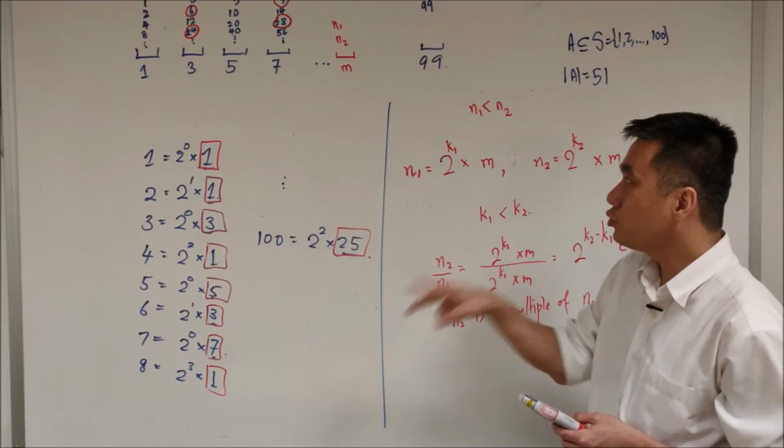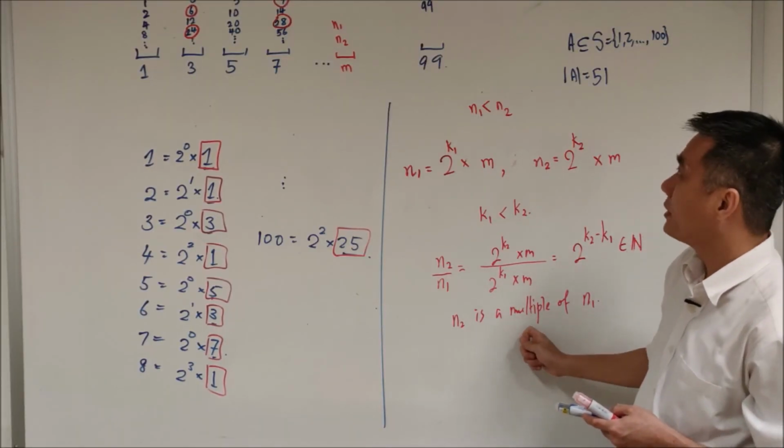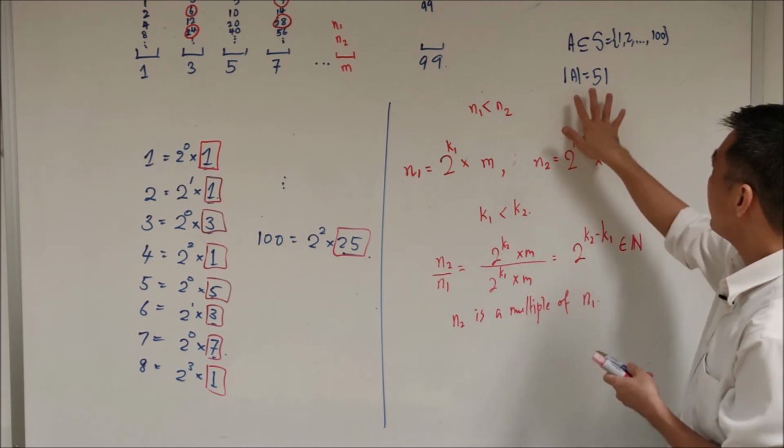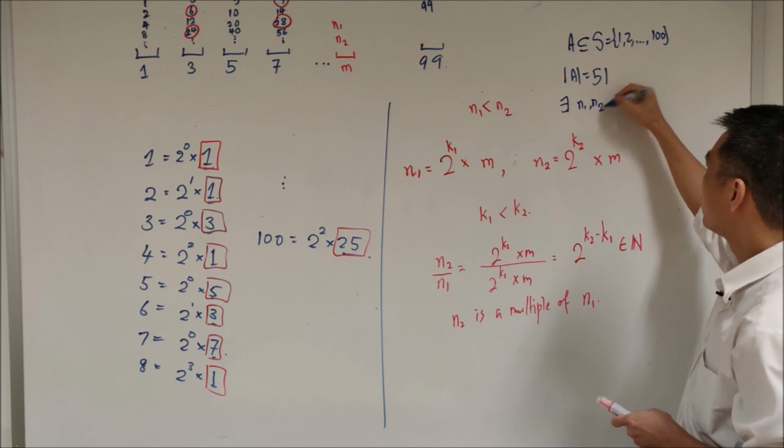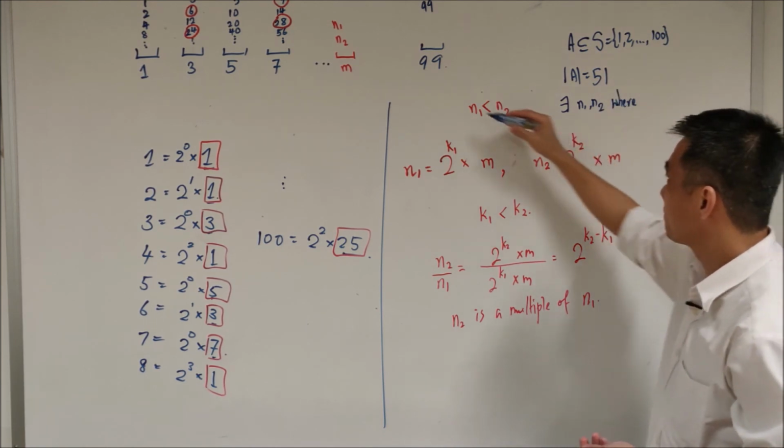And if I choose 2 numbers from that box, this will happen: there exist n1 and n2 where one is a multiple of the other.